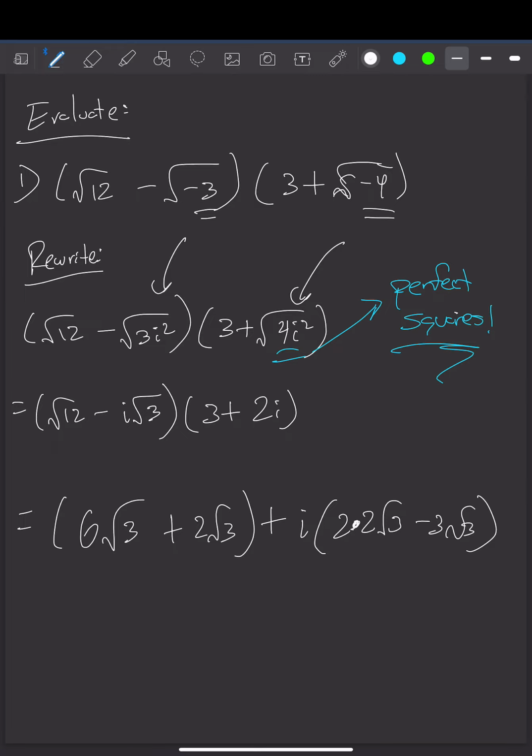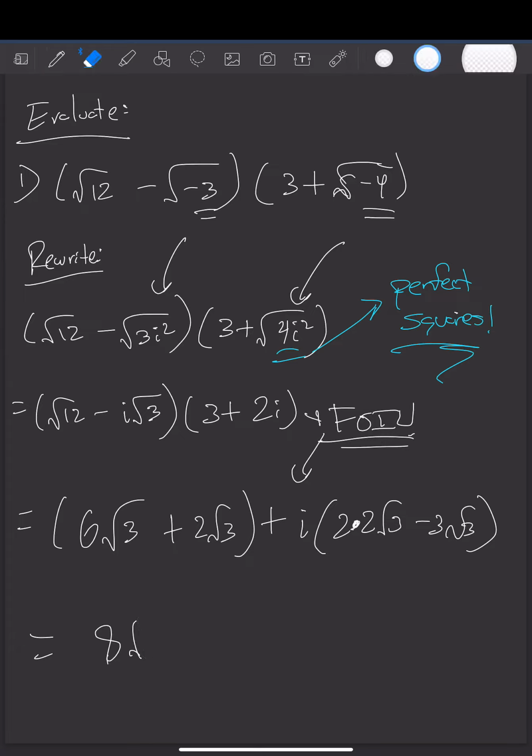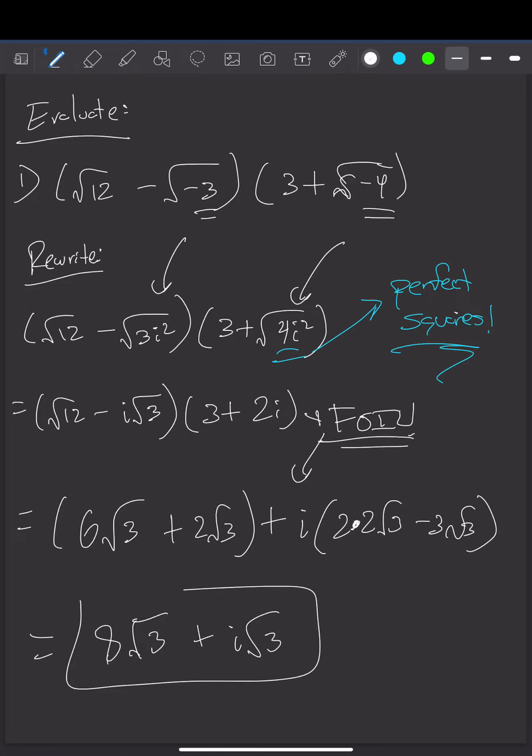So here, let me FOIL. This is what you do here. This is just FOILing. So after you have it in standard form, your final answer should be 8 radical 3. Oh my god, my 3's are so bad. I'm so sorry. 8 radical 3 plus i radical 3 as your final answer.